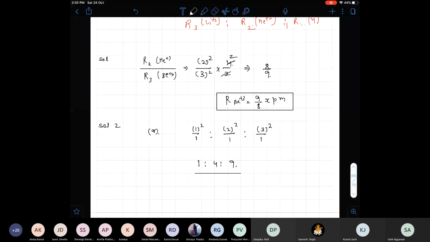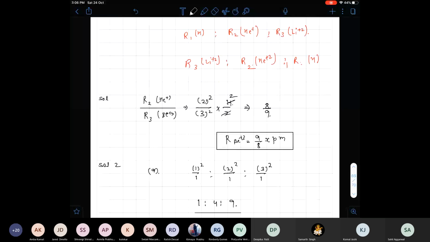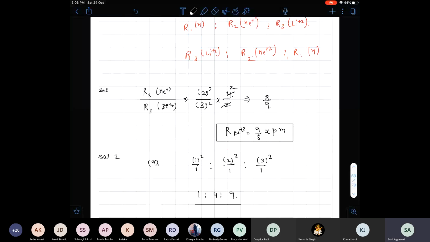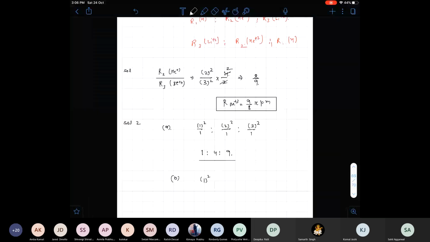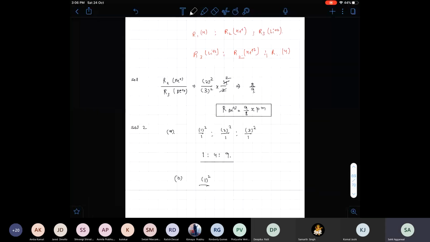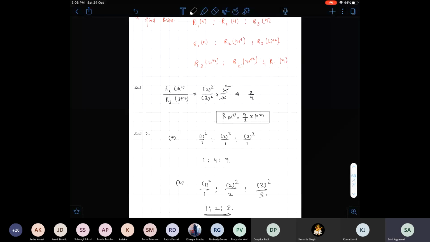Second: n square by Z, n square by Z, n square by Z, n square by Z. So that will be 1:2:3. Third: this is 1.